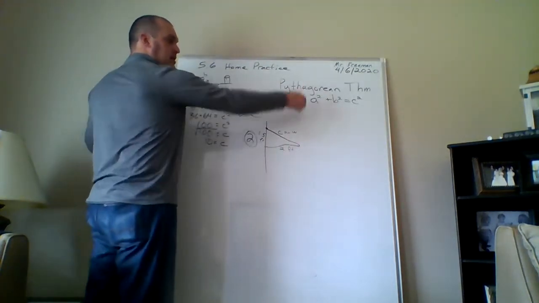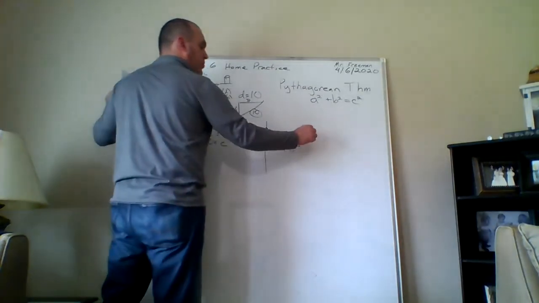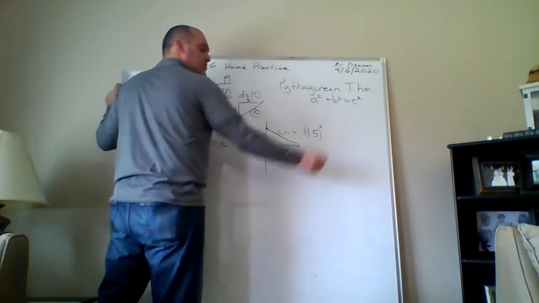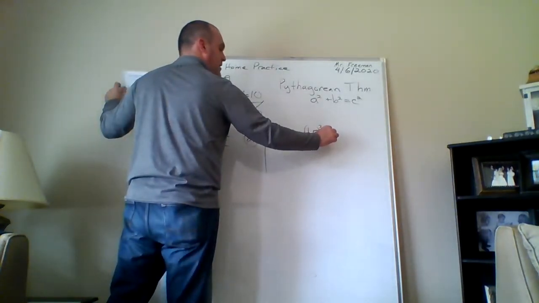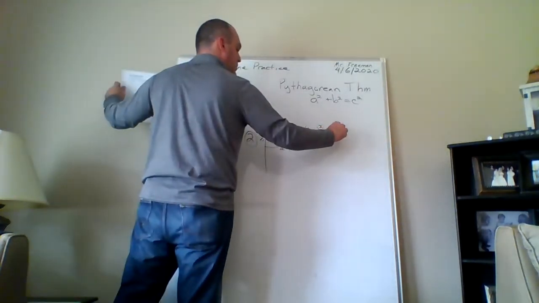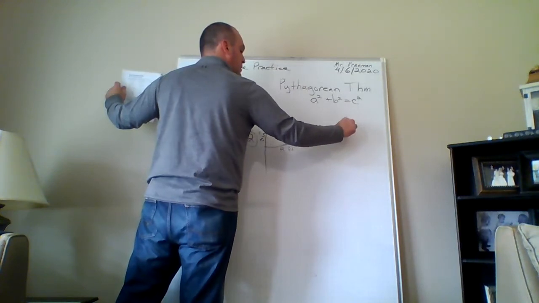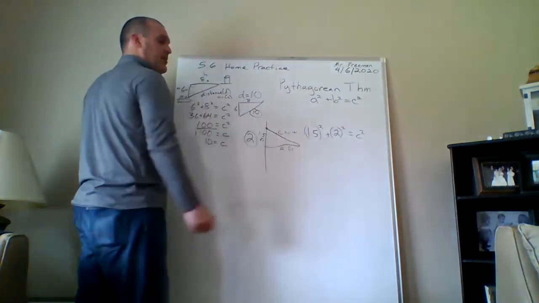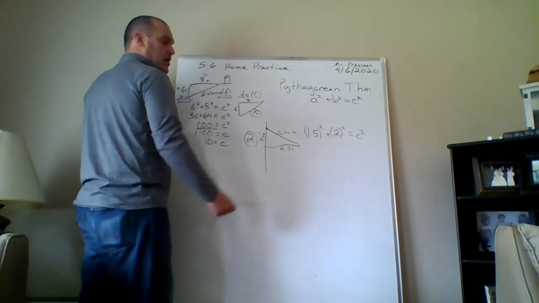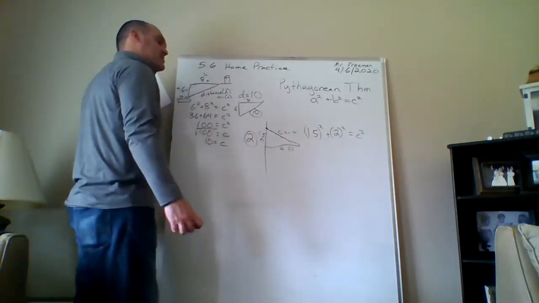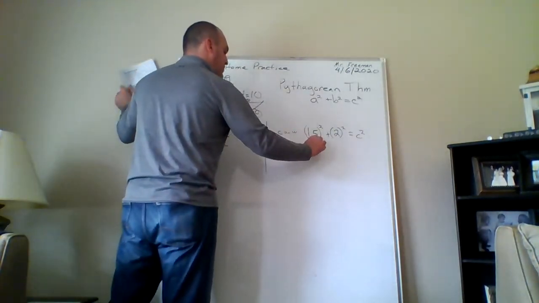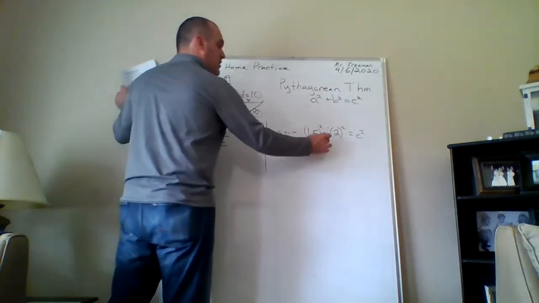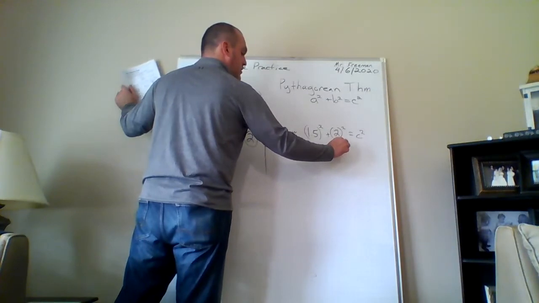Okay, but using the same theorem, I should be able to take 1.5 and square it. I should be able to add that to 2 and square it. That should equal my C squared, or the W like they use this time. Now, 1.5 squared is 2.25. Okay, 2 squared you should hopefully know is 4.